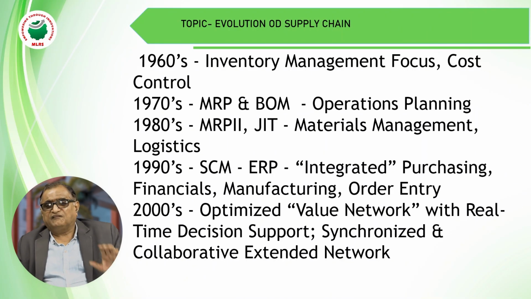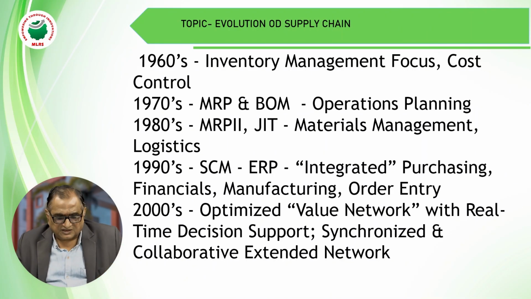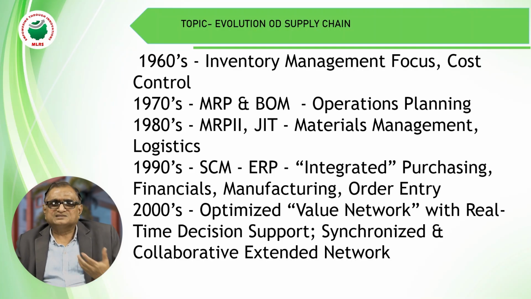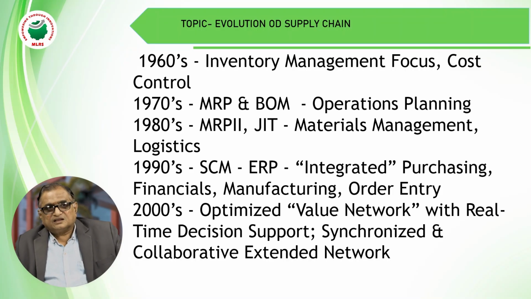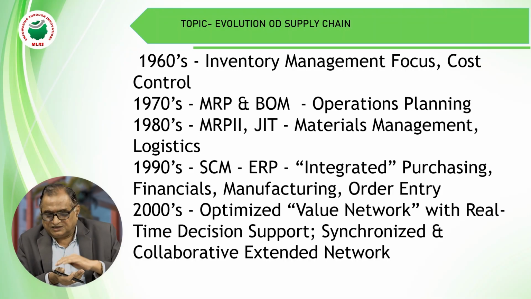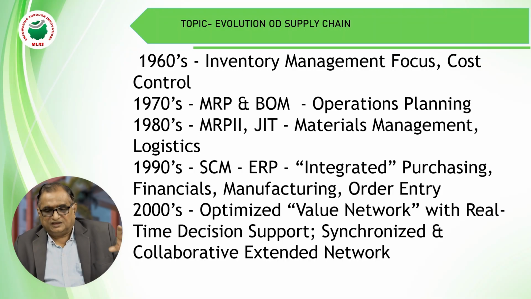Next, the evolution of supply chain. Initially, in the earlier 1960s, whatever stock we had was called inventory. How much quantity I have is called inventory. From that basis, I'd do inventory management.